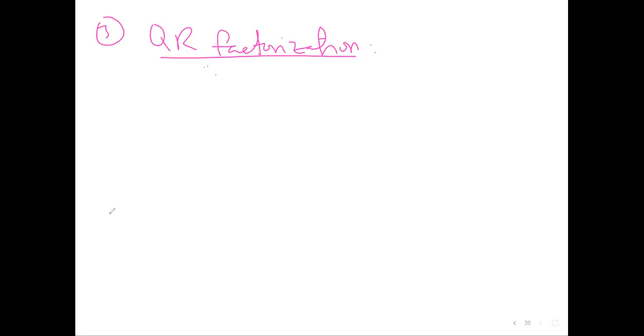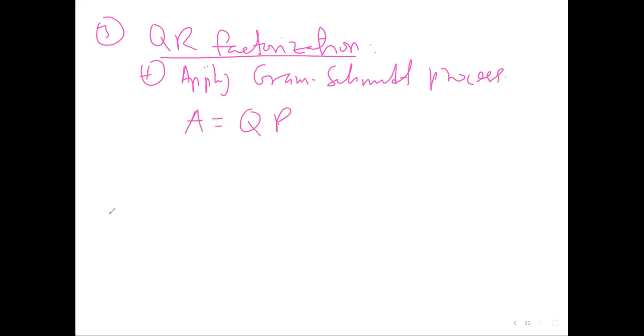So usually we apply the Gram-Schmidt process in this way. All we are doing is we have an A, we want to split it into Q and R. Let me write.